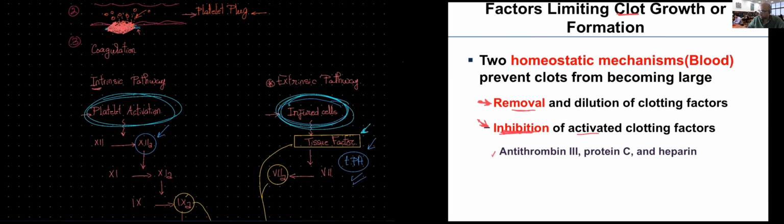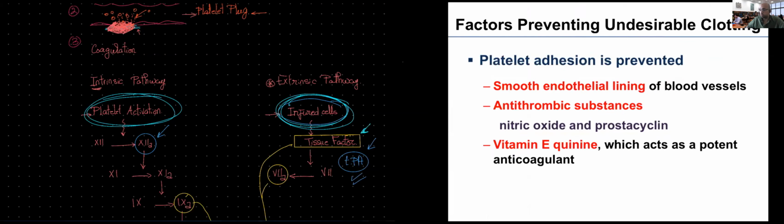This includes antithrombin III, protein C, and heparin. Those are normally present in the circulation, ready to react with any blood clot that is about to form anywhere away from the injured site. That's how I limit the blood clot growth and formation.